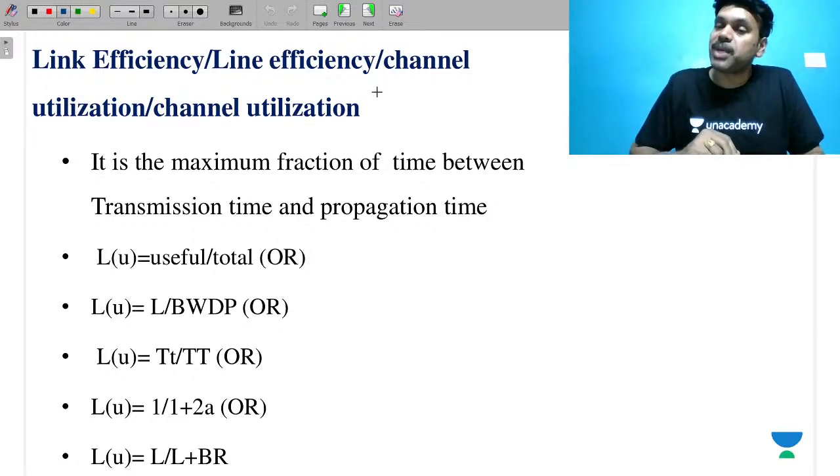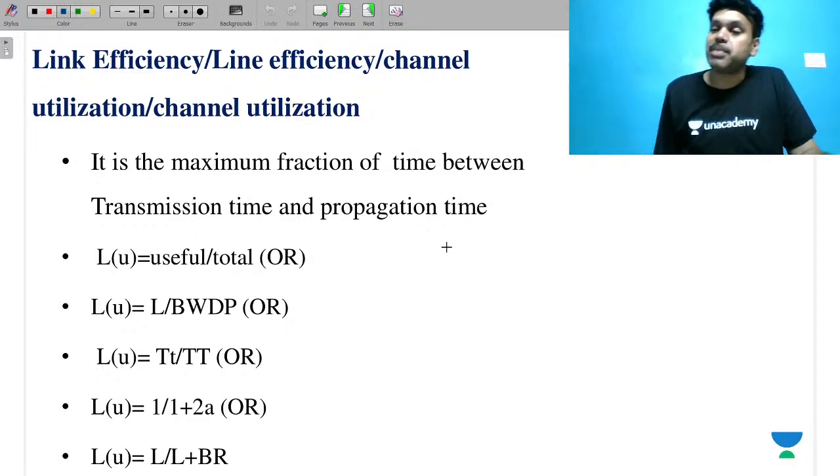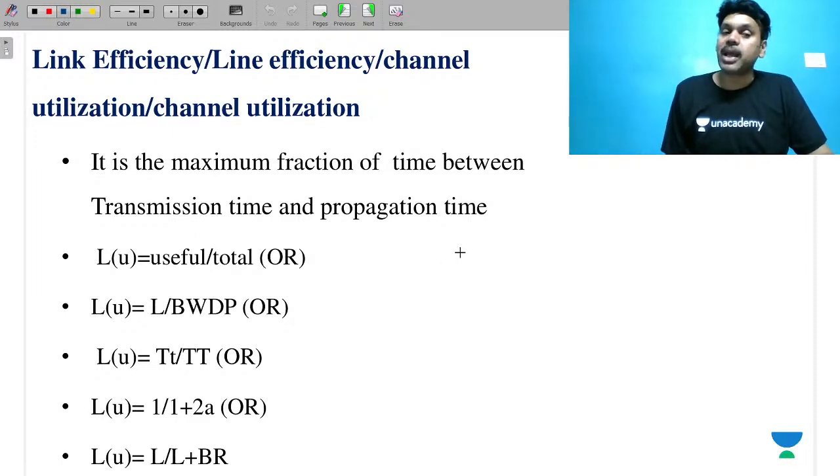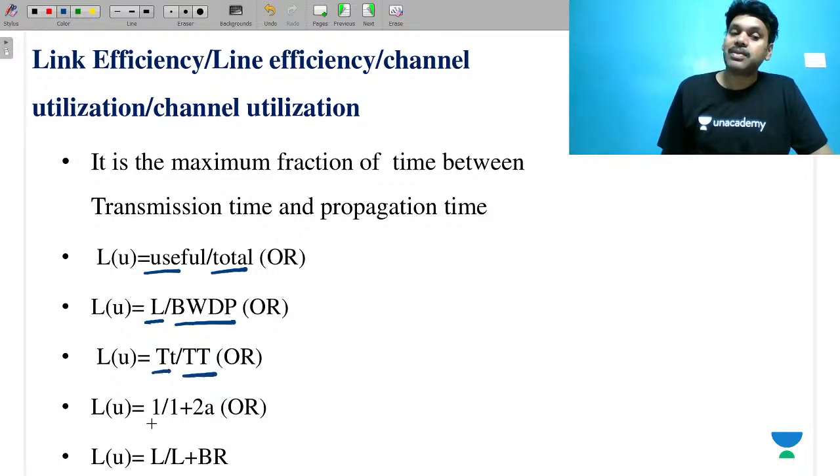It is the fraction between your useful time and your total time. It is measured as useful divided by total, otherwise L by bandwidth delay product, otherwise TT by total time, otherwise 1 by 1 plus 2A, otherwise L by L plus BR.